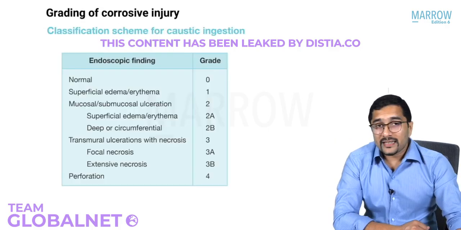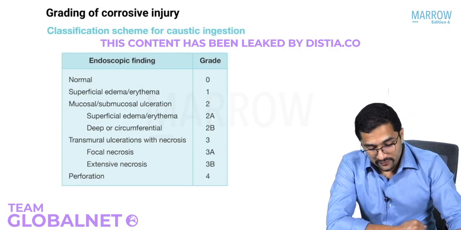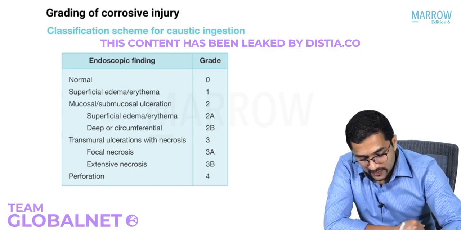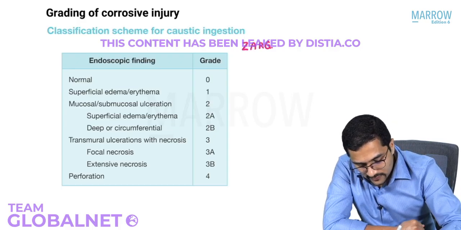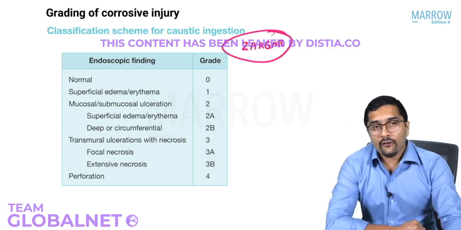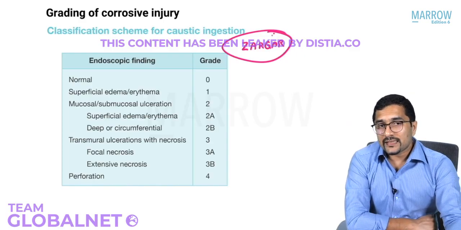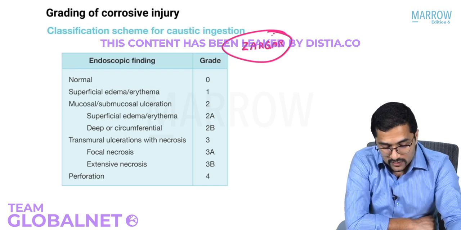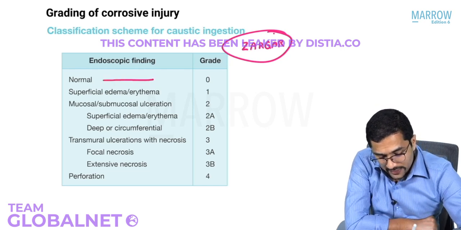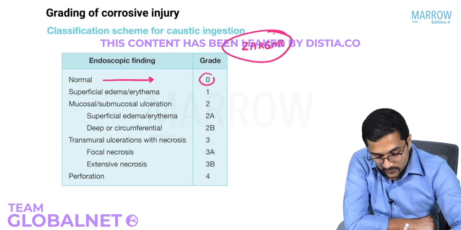There is also a grading of corrosive injuries, called the Zargar classification, and this basically tells us the extent of injury and also has prognostic implications. Normal endoscopic findings are grade 0.